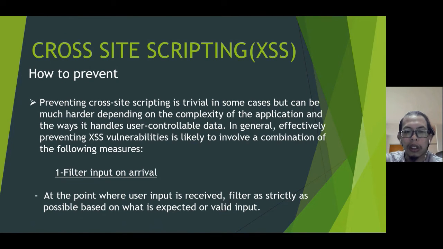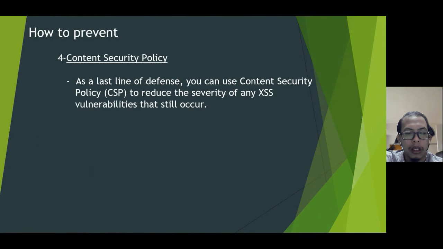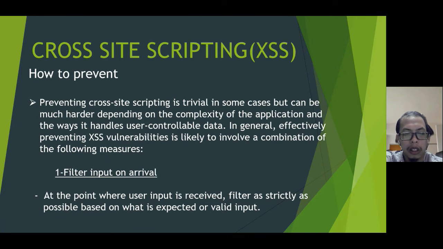So, how to prevent cross-site scripting? In some cases it is much harder, depending on the complexity of the application and the way it handles user-controllable data. In general, effectively preventing cross-site scripting vulnerabilities is likely to involve a combination of the following measures. We have four measures. First, filter input on arrival.